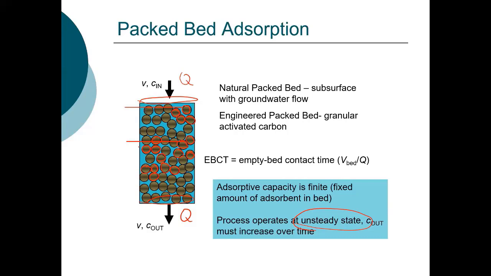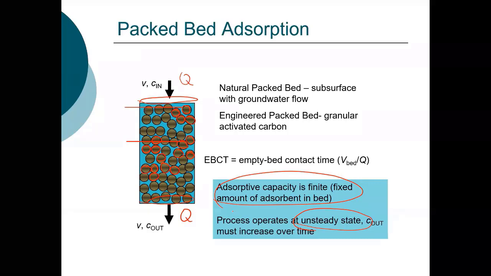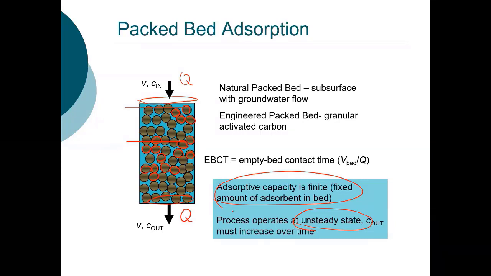They would reach their capacity for absorption. So this absorptive capacity is finite. It's still described by isotherms just as we used before. But the difference here is this is not a steady system. So it's not operating at steady state.